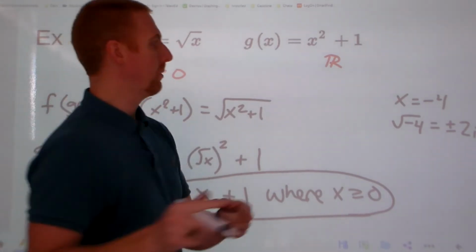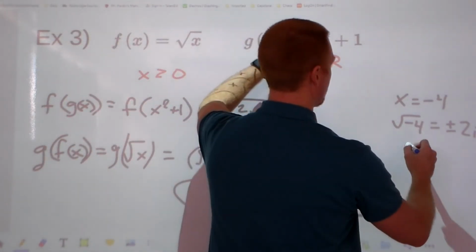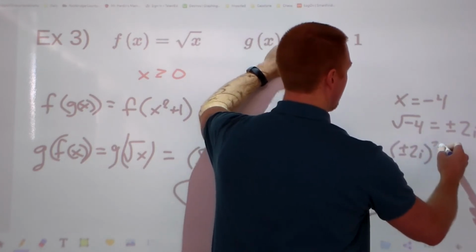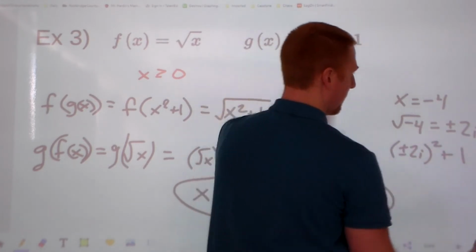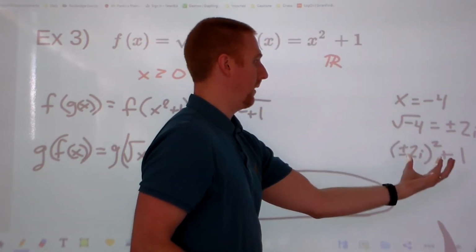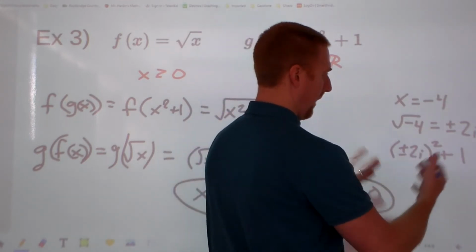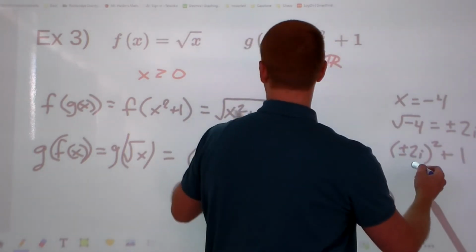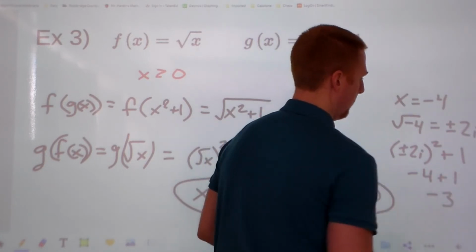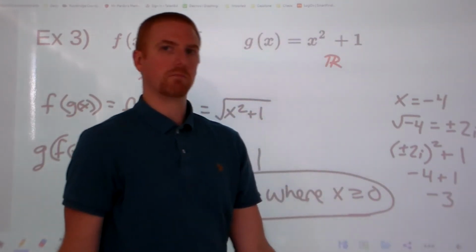And when you take plus or minus 2i and you square it, I'm just going to leave it plus or minus because regardless of whether it's positive or negative, when I square it, it's going to have the same result. That's going to go back to being -4, which would have a result of -3.